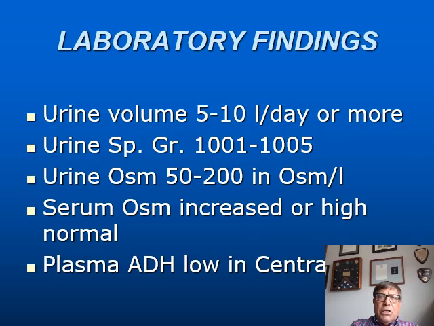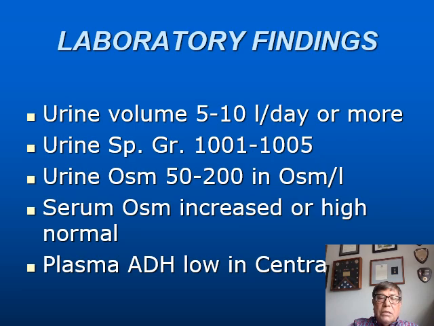When you are getting the history and some of the laboratory findings, you will see the urine volume could be anywhere between 5 to 10 liters per day or even more. The literature suggests it can go up to 20 liters per day. But urine specific gravity, without the presence of protein, glucose, or abnormal solids, is going to be less than 1.005.